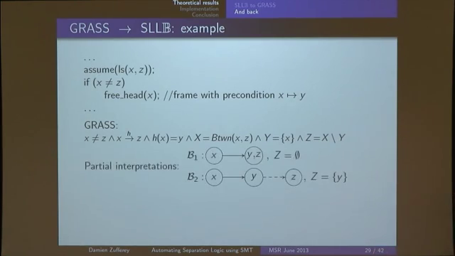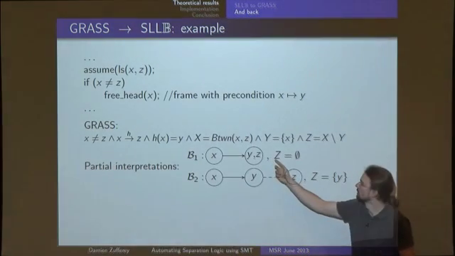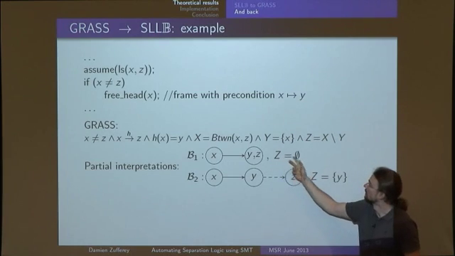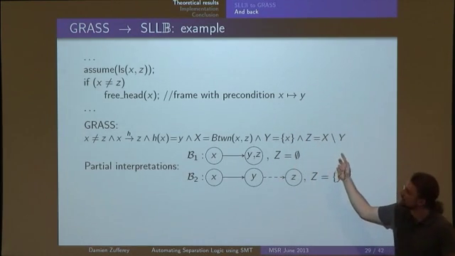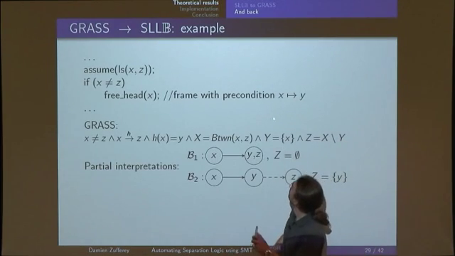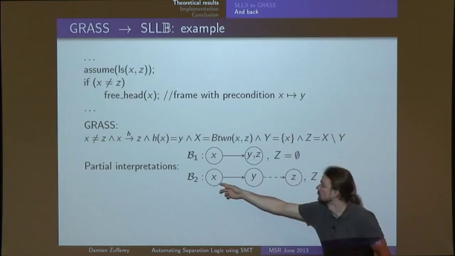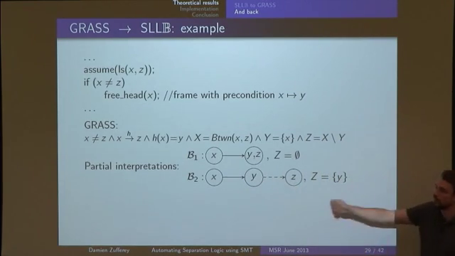So we push that, and we get two partial interpretations. It says, okay, x points to z and z might be equal to y. So x points to y and y might be equal to z. And here, the set z will be, in the constraints, defined as the difference of the footprint of the precondition, so the frame. And also, there might be x pointing to y and a list segment going from y to z. So the list here might be either of length 1 or more than 1.